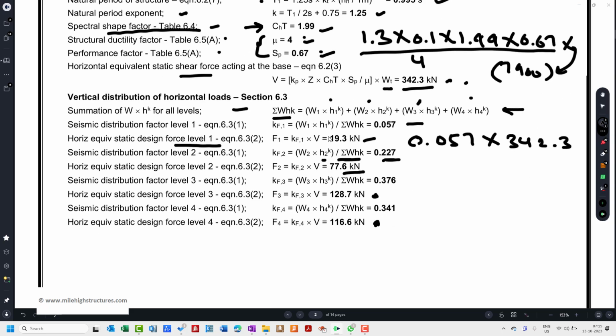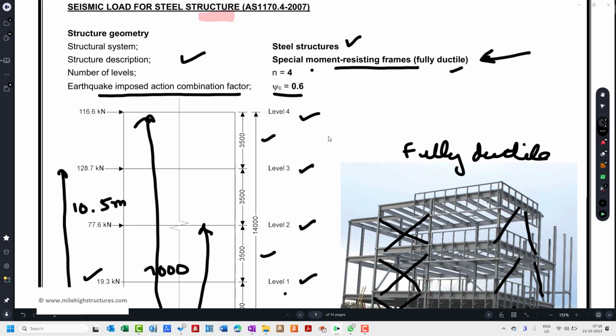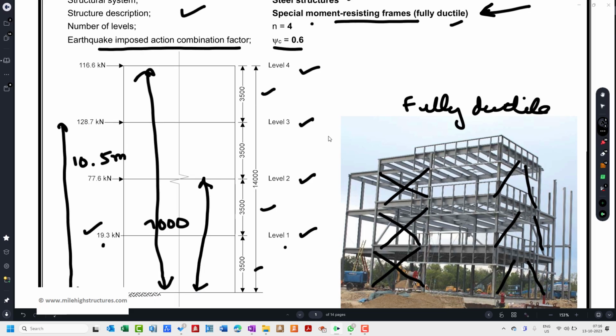That is 4 number of levels. So multiplication factor has been calculated as 0.057, 0.227, 0.376 and 0.341, which when multiplied with this value gives us the horizontal equivalent static force acting as 19.3 kN on level 1, 77.6 kN acting on level 2, 128.7 kN acting on level 3 and 116.6 kN acting on level 4.